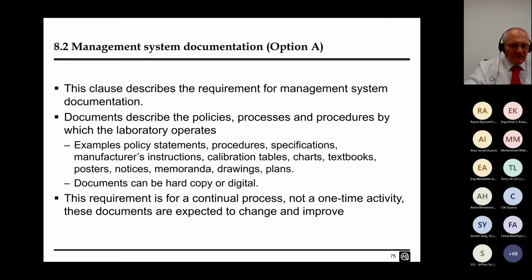So the documents, and again, I think we mentioned this before, documents are the instructions, they're the procedures, they're your processes and policies on how you're going to do your work. They can be hard copy or digital, they don't have to be paper. They can be online, they can be stored somewhere. All of that is possible as long as you meet the requirements.